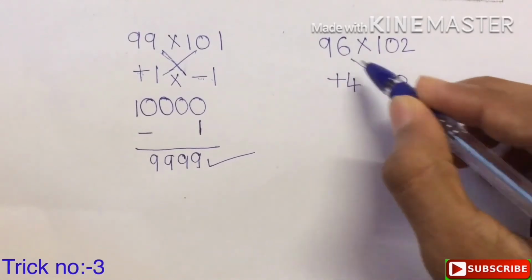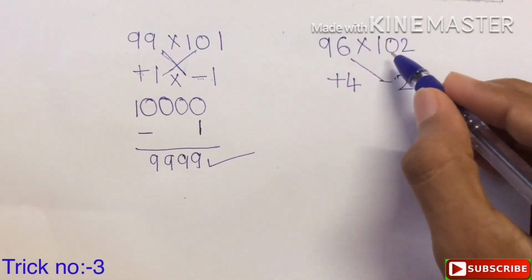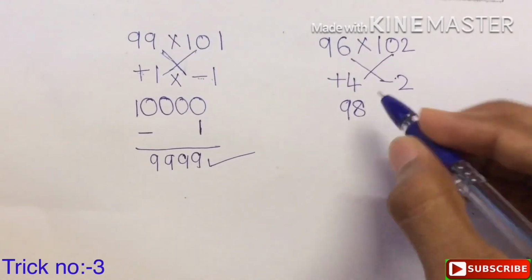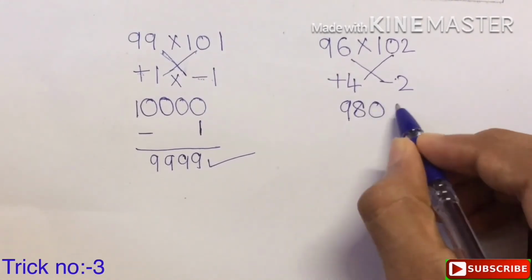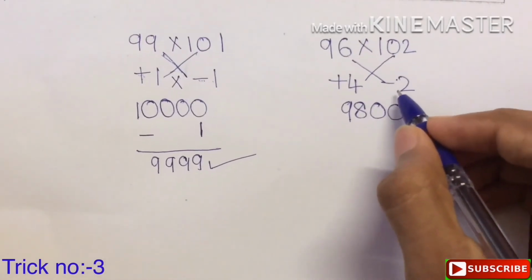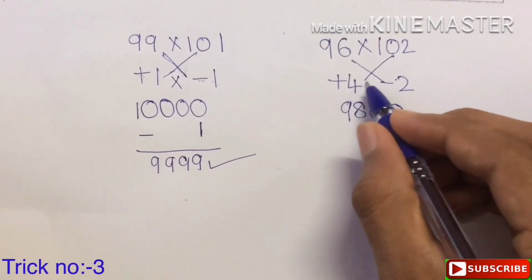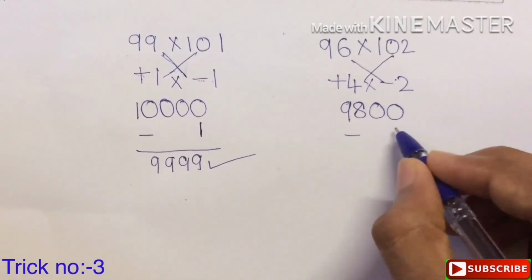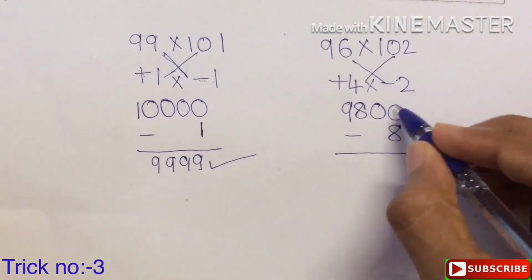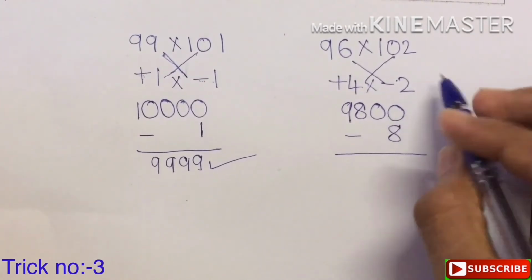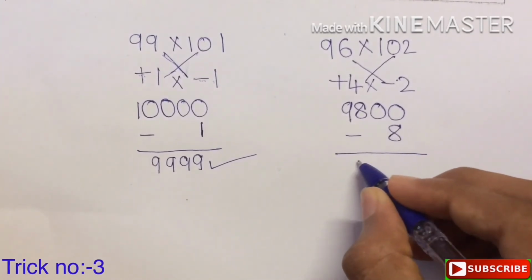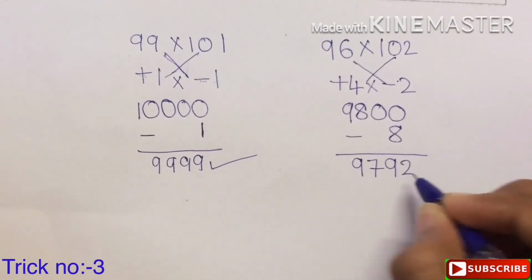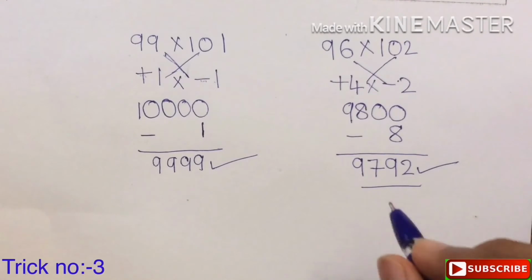Then 96 plus 2 is 98 and 102 minus 4 is also 98. And then we have to check here, keep 2 zeros, and plus 4 into minus 2. Minus into plus is minus, so 4 into 2 is 8 and minus 8. And subtract them. So our answer is 9,792. Yes friends, it is our correct answer.